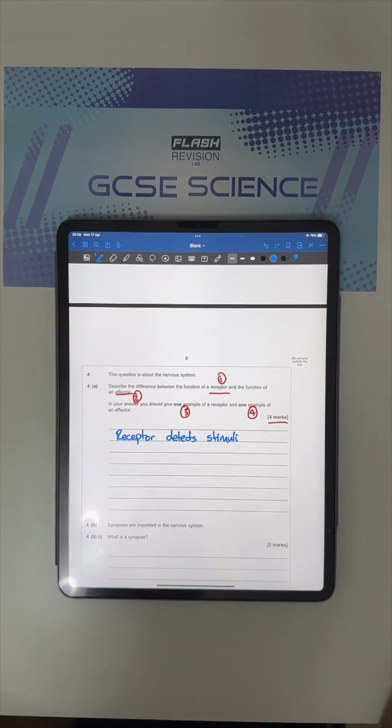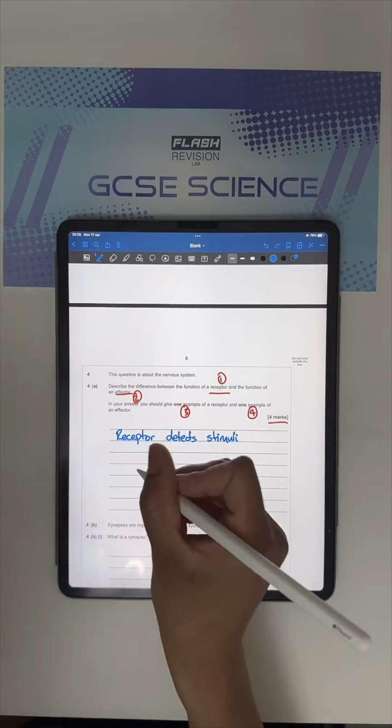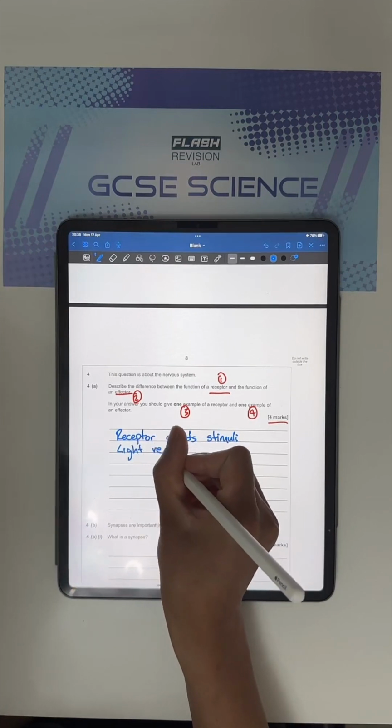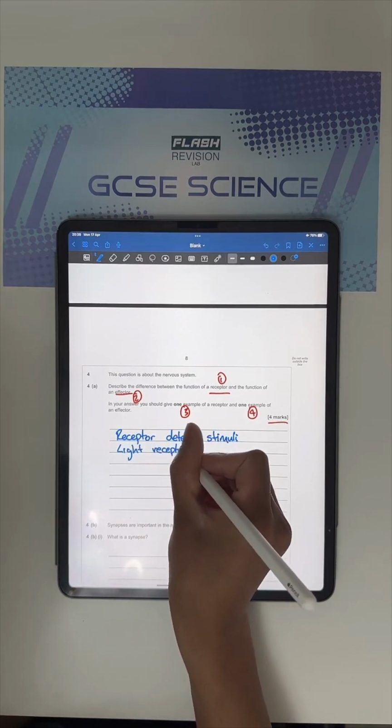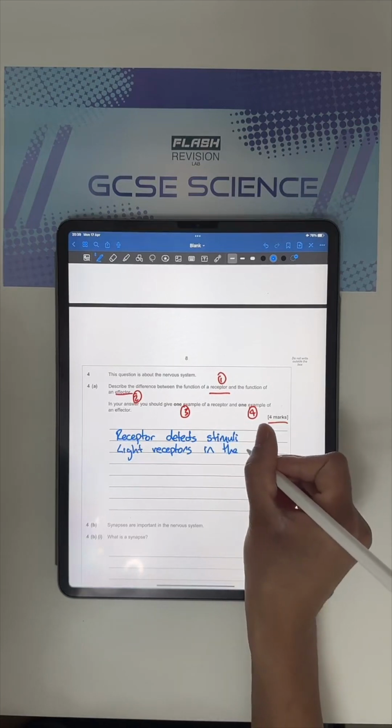We've got light receptors in the eye, sound receptors in the ear, pressure and temperature receptors in the skin, chemical receptors in the nose and tongue, basically. So yeah, most people have said retina in the eyes. So let's say light receptors in the retina.